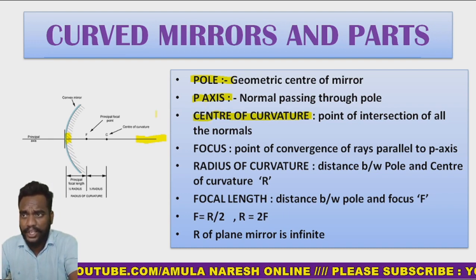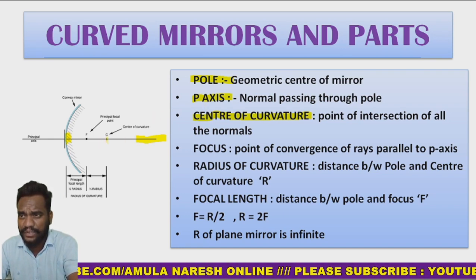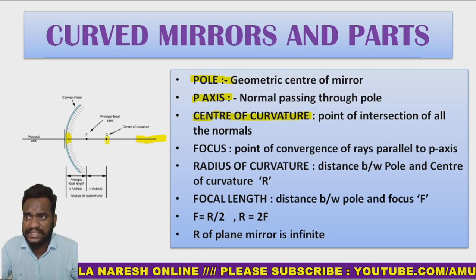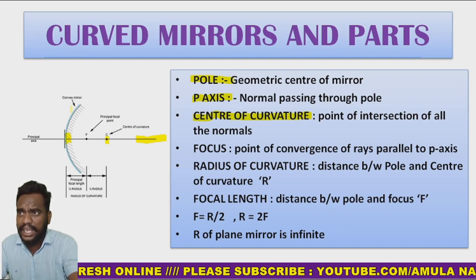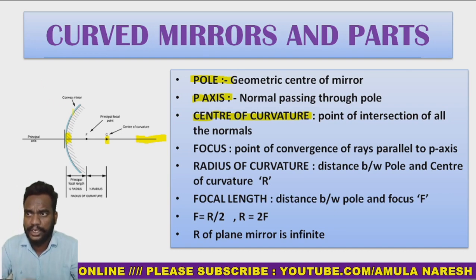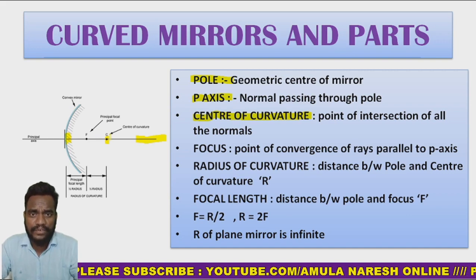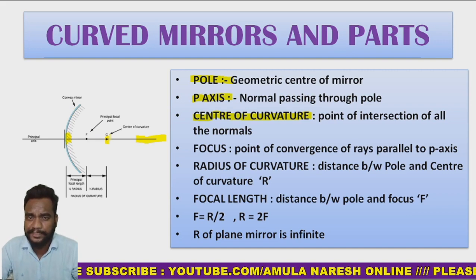That means the point where all the normals intersect is the center of curvature. You can see here it is the center of curvature. As it is a convex surface, the normal rays, extended rays will go and meet at the center of curvature, this point on the principal axis.